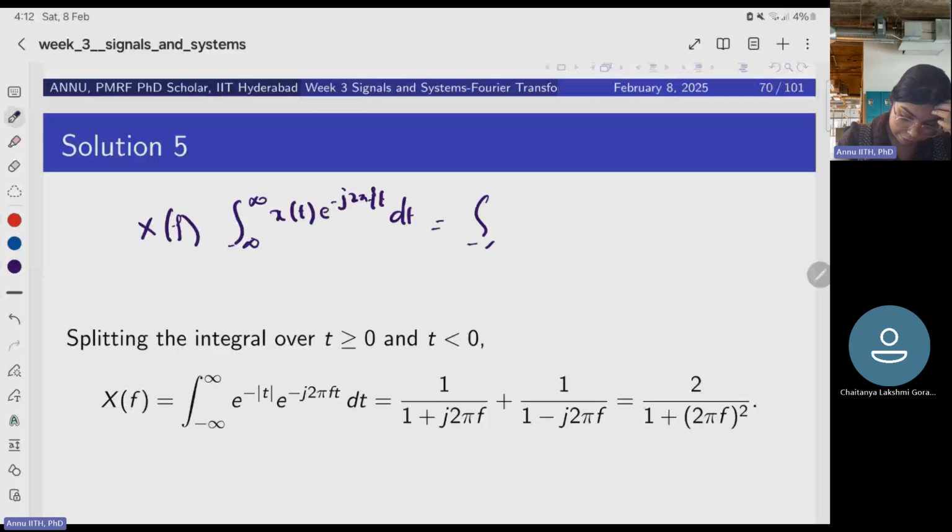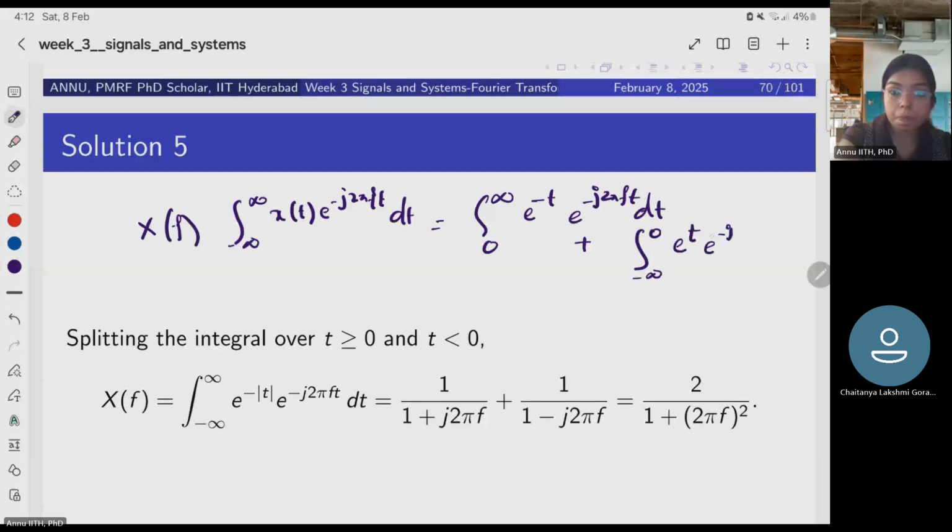So if it is minus infinity to infinity, e power minus j 2 pi f t dt.